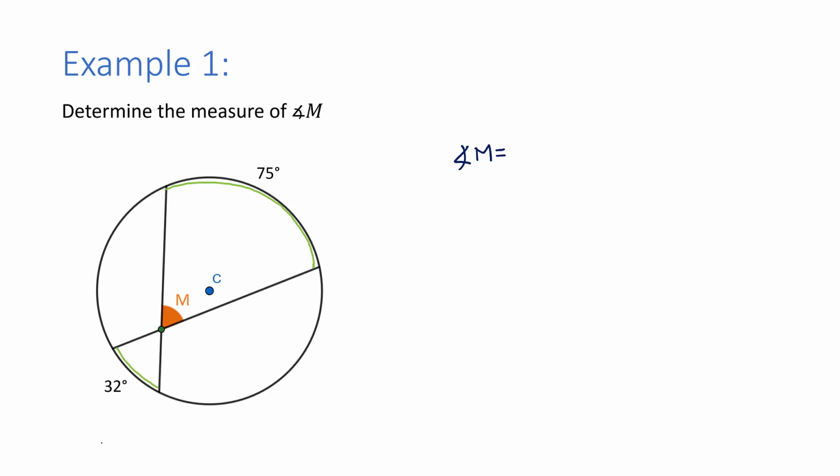So in the equation we write 75 plus 32 over 2. Now we solve. Angle M equals 75 plus 32 is 107 over 2. And 107 over 2 is 53.5. And we are talking about the measure of an angle, so it's degrees.